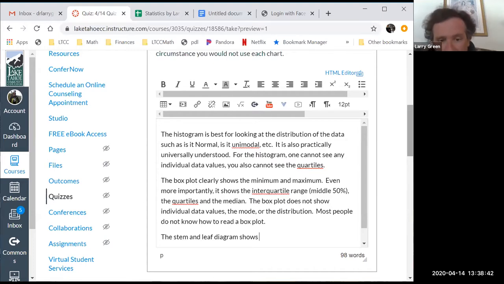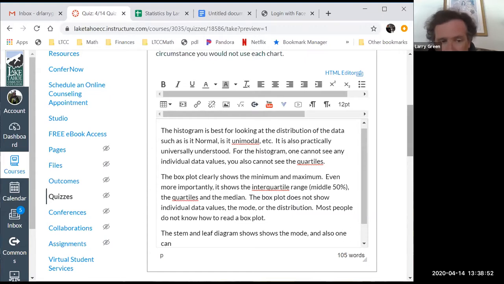Yeah, it shows the mode. Okay, and also one can retrieve the individual data values from the stem and leaf.